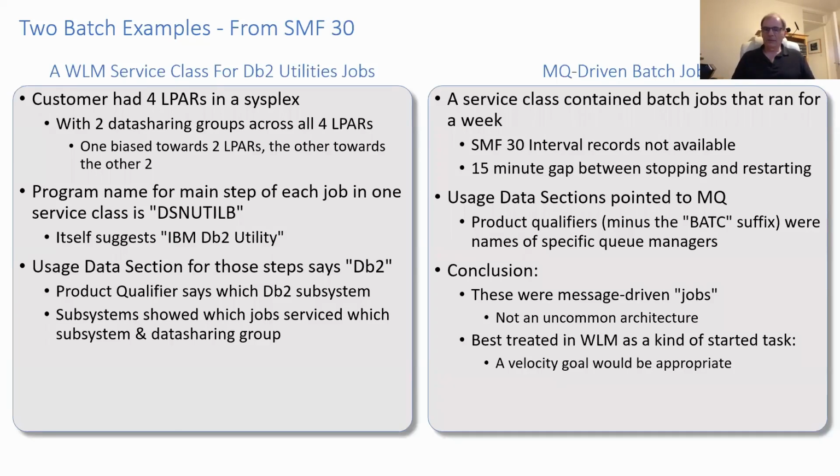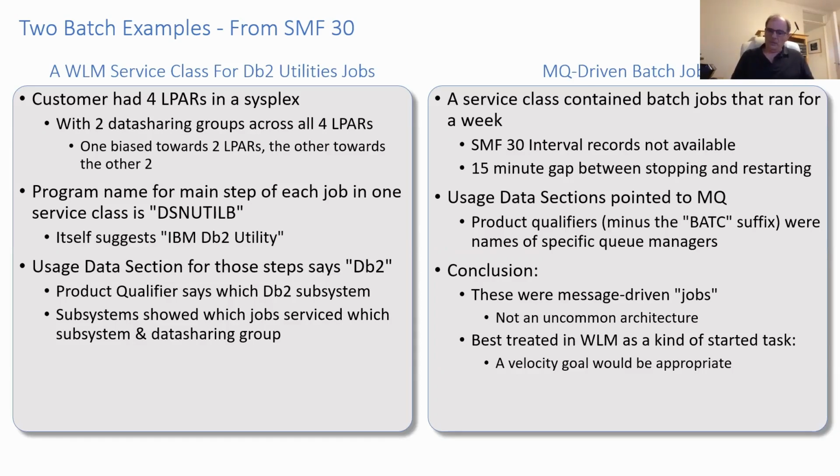And we noticed a 15-minute gap between the stopping of a batch job and it restarting again, obviously a different job, but the same job name. The usage data sections pointed to MQ, and if you took the product qualifier, it said which queue manager they connected to.